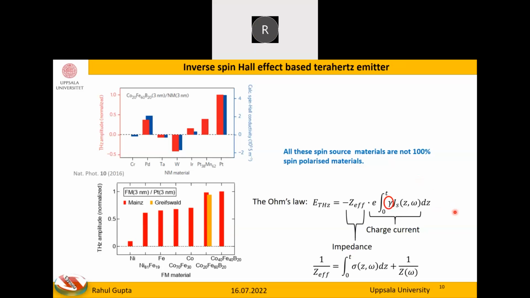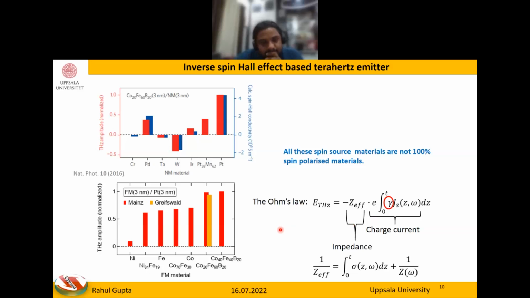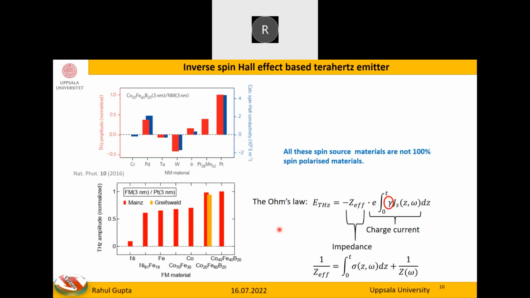So I just want to ask why nickel has shown less terahertz emission compared to other ferromagnetic material. And the second question is, can we correlate this terahertz emission to this Ohm's law in the case of nickel?